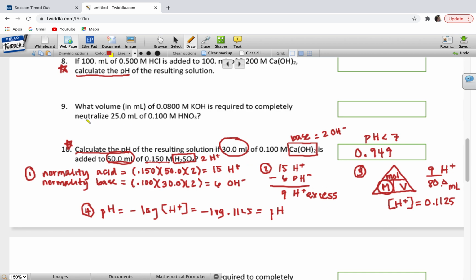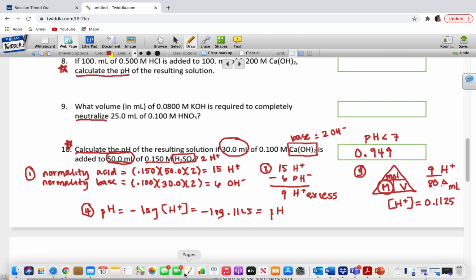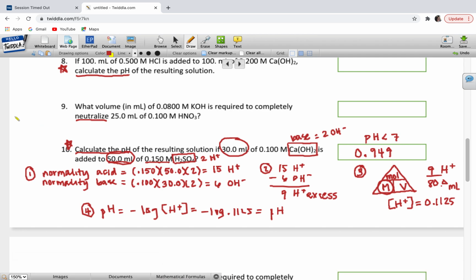The other ones that are asking about equivalence point, aka neutralization, those are the ones where you get to use your shortcut formula, your Ma, Va, number of hydrogens, equal to molarity of the base times the volume of the base times the number of hydroxides in the base, and you just do your quick and easy algebra. Any of the ones that mention neutralization or equivalence point, you're using that shortcut formula.